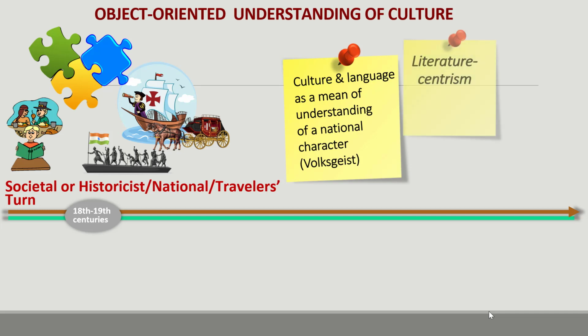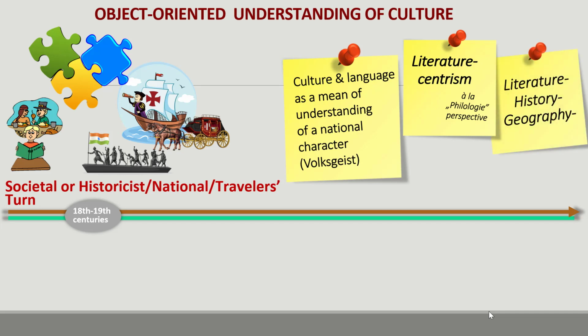Second, the understanding of culture is often influenced by literature-centrism and à la philologia perspective, association between language and literary studies, because language and literature are considered as the most salient manifestations of the spirit of nation. Culture was often viewed as an association between literature and other important characteristics of the concept of nation, such as geography and history.